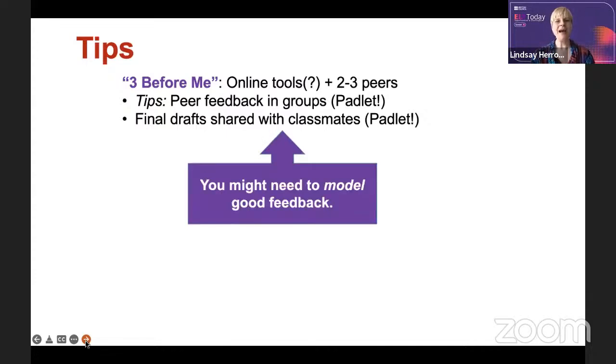I also recommend maybe modeling good feedback. Some of my students, when we first started doing this, were very confused and thought good feedback was, "Hey, I like BTS too," or "Hey, I also live in Gwangju." That's not feedback. That's a nice comment, but it's not feedback.